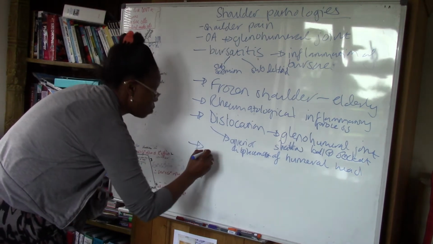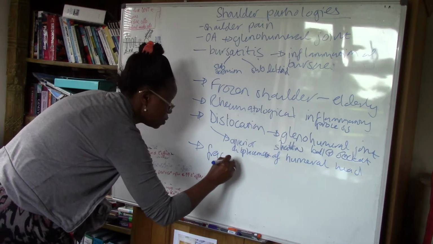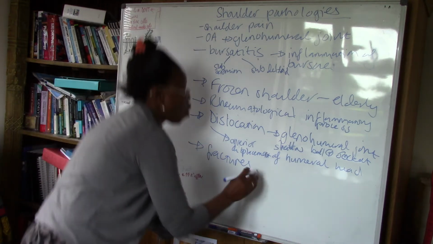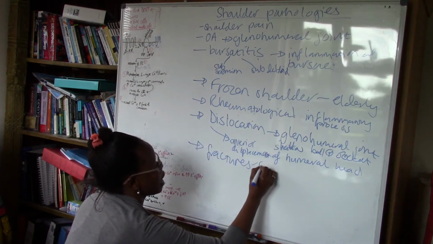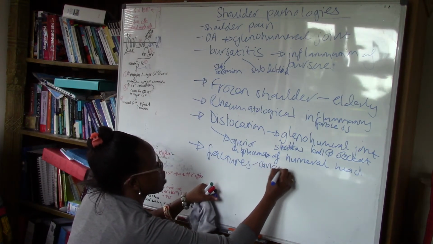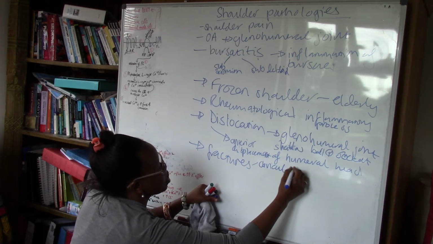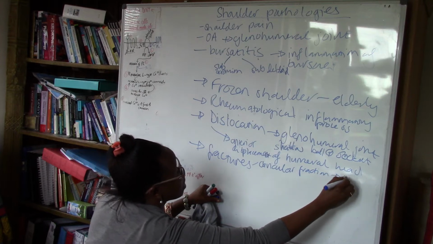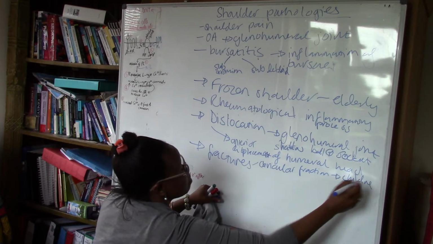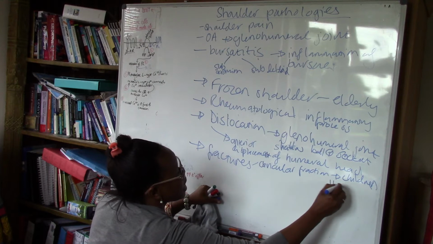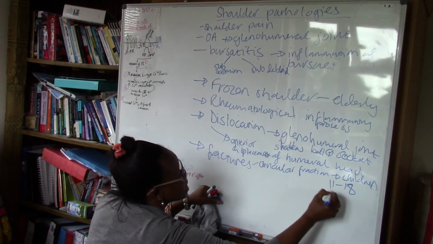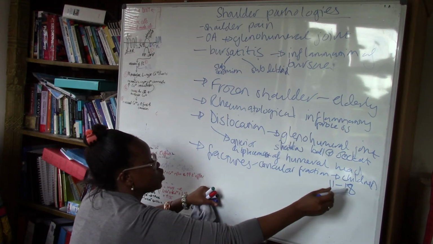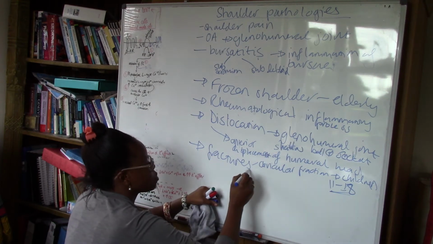Another will be fractures. And the most common fractures that will occur are the clavicular fractures, which I've mentioned, particularly in children, even people up to the ages of 11 to 17 or 18, and it can be due to a fall or contact sports.